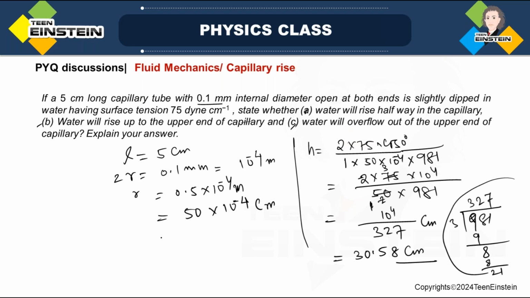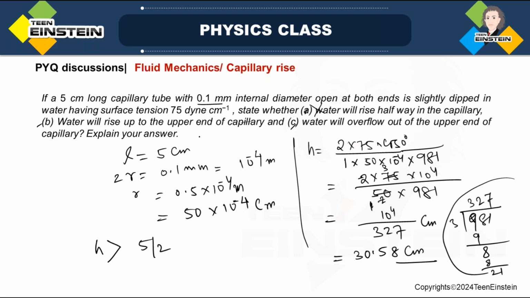So here we can see the height it is actually rising is much greater than 5 by 2, isn't it? So first possibility is not possible. Then second one, water rise up to the upper end.